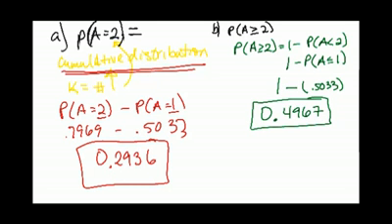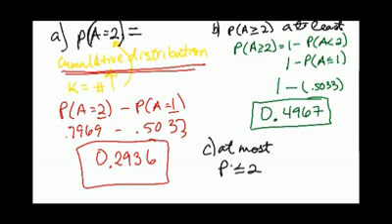And then if you wanted the at most, this was at least. At most would be less than or equal to 2. That's just the table value for 2, whatever that is.